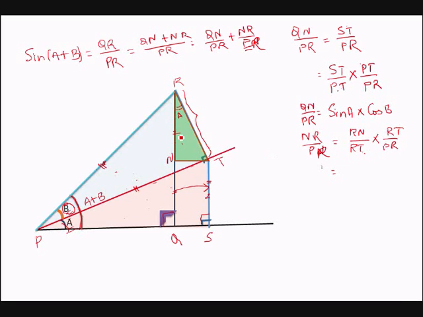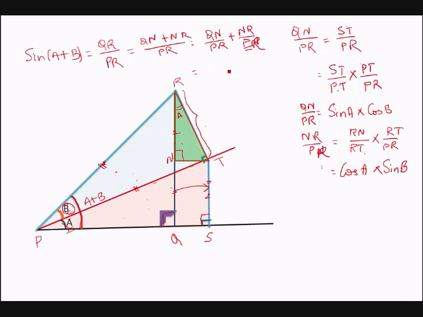What is RN over RT? RN is adjacent side for A and RT is hypotenuse for this triangle. Therefore, adjacent over hypotenuse should be cos A, and RT is opposite to B and PR is hypotenuse to B. Therefore, this should be sin B. So let's put it here.